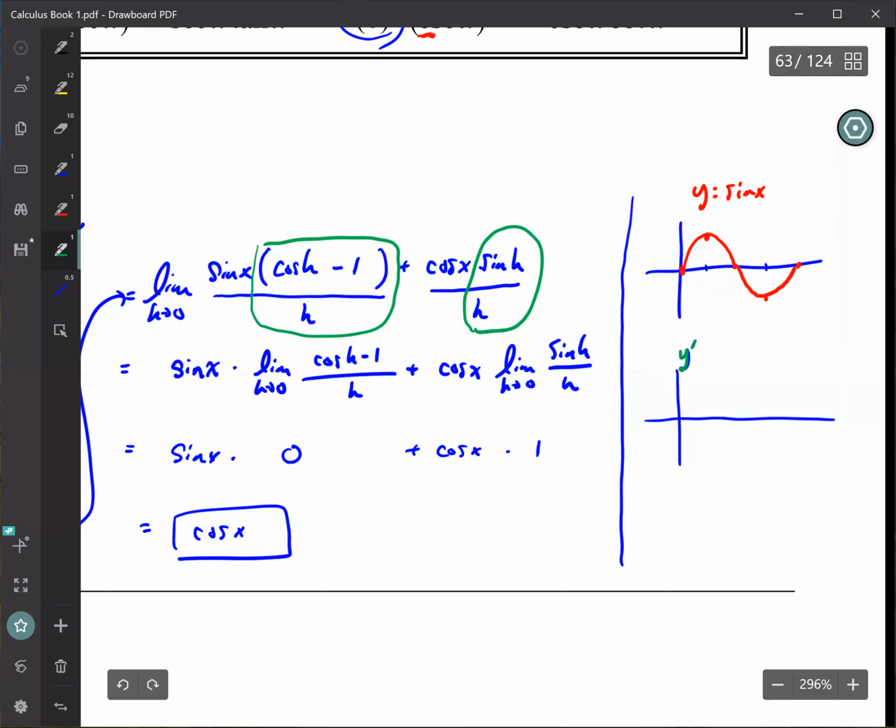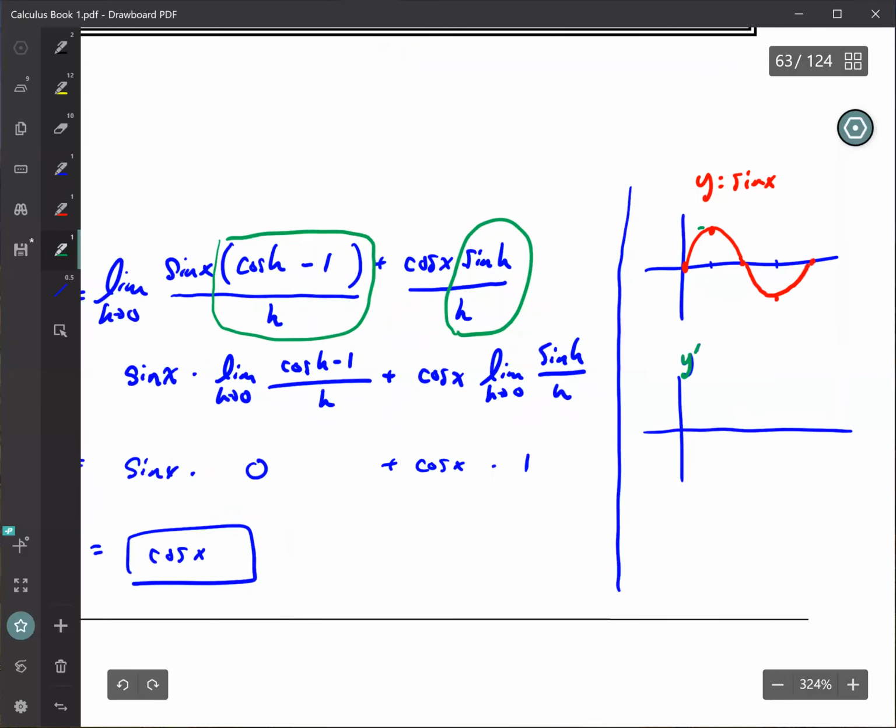The slope at pi over 2 is 0, so I'm going to put 0 there. The slope is going to be the vertical value. When the slope is 0, you put 0 there. And then another place that's 0 is over here, flat. That's another one.